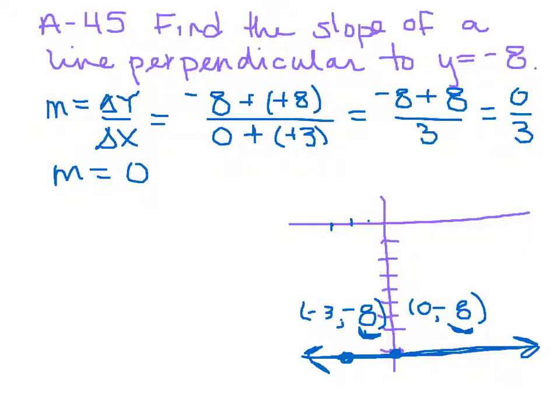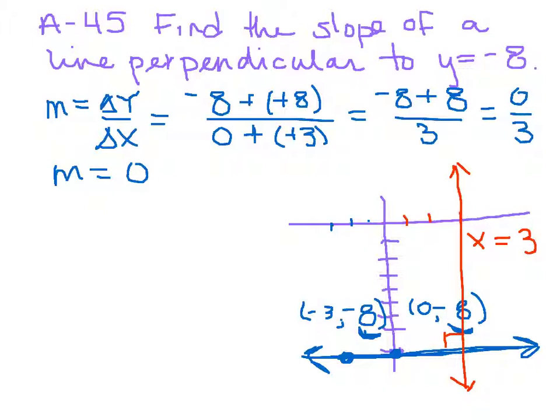Just by looking here, if I was to draw a line that is perpendicular to it, I could find any point here and just drop it straight down, and that's going to give me a right angle. The equation for this red line is x is equal to 3.